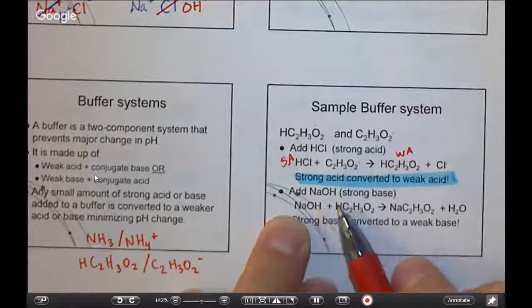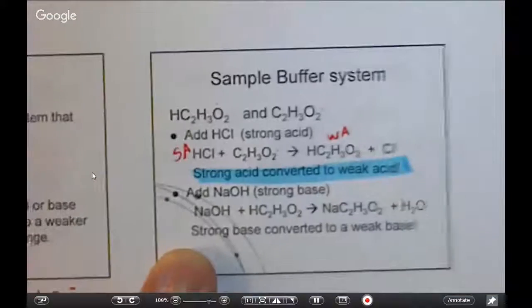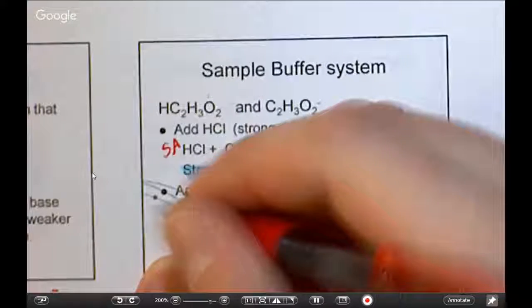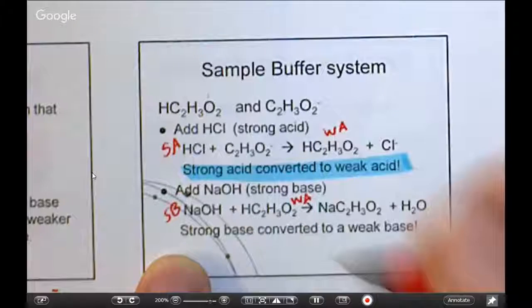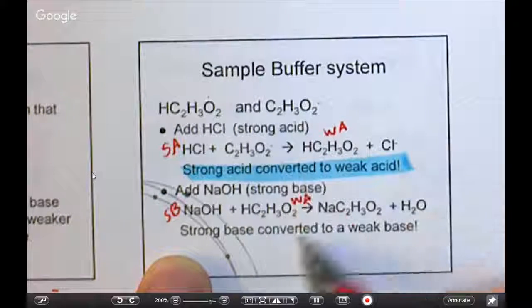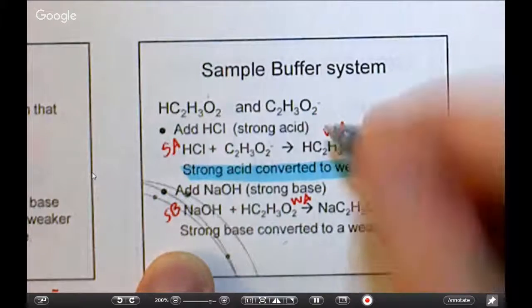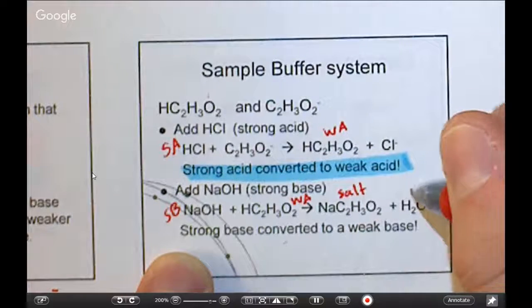In the case with the strong base, we have sodium hydroxide down here. Okay. And if we take the strong base and react it with the weak acid in the buffer system, acetic acid, it's a double replacement here. It's a neutralization reaction where we form sodium acetate, the salt, and water.